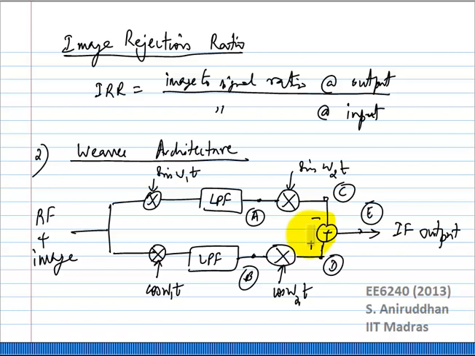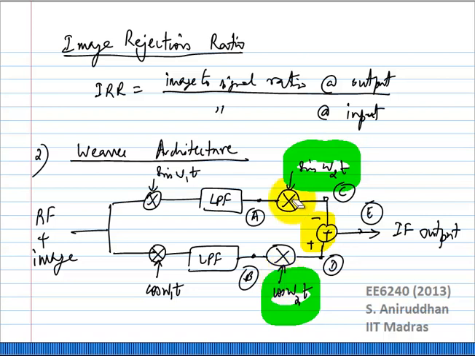If you have phase mismatch between the sin omega 1t, sin omega 2t and cos omega 2t, again you could have an image rejection problem. Similarly, if you have gain mismatches between these two mixers, you could again have a gain mismatch problem, and therefore an imperfect cancellation of the image at the output.